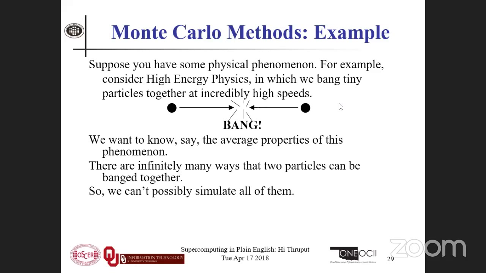Okay, so the example that we looked at a few weeks ago was high energy physics, banging tiny particles together at unbelievably high speed. The way that they do this in real life is they do two things. One is they bang tiny particles together at unbelievably high speed in the real world. And so CERN, and I used to know what that stood for, but I've already forgotten. And I think what it stands for is in French, not English.